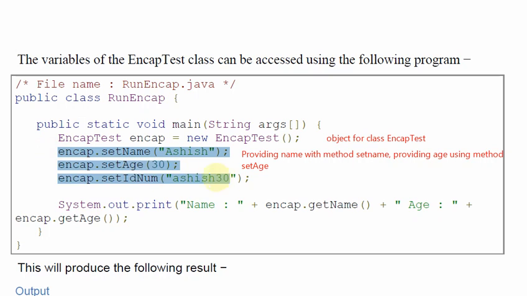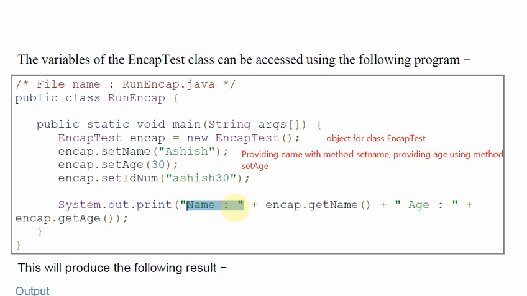We have three variables and can print all three: my name Ashish, age 30, and ID number Ashish 30.